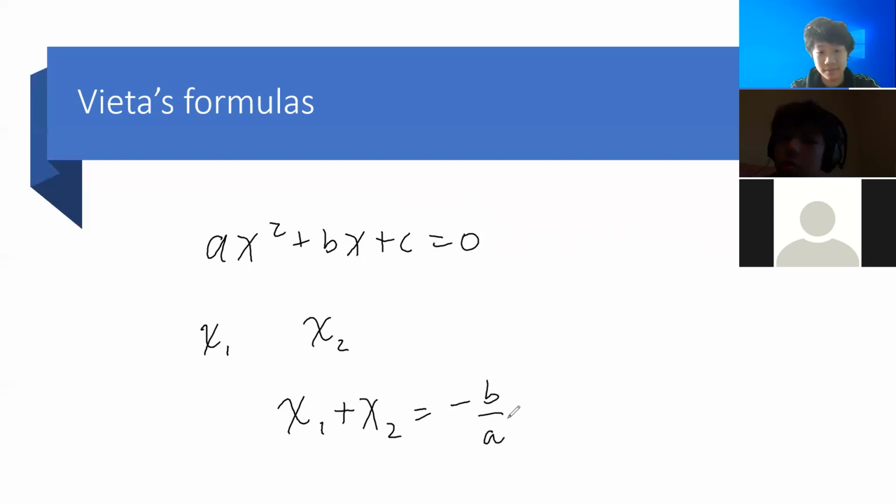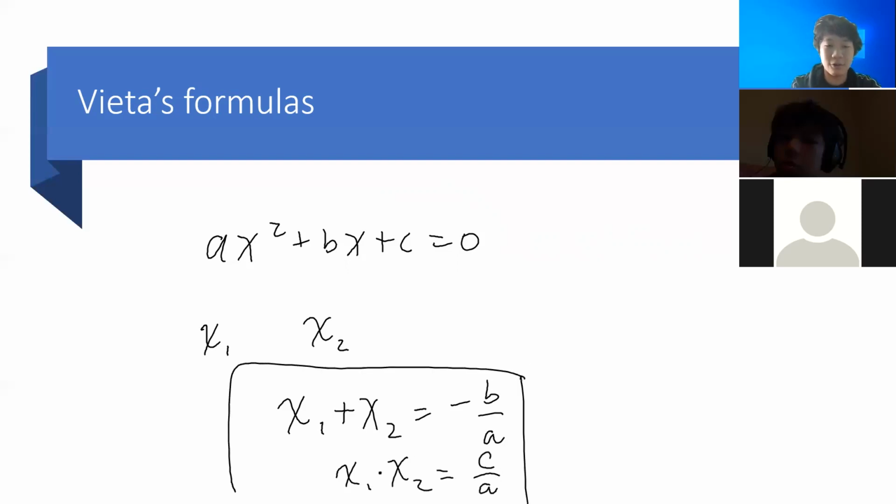It also says that x1 times x2 equals c over a. And these are the Vieta's formulas for quadratics. So the sum of the solutions equals negative b over a. The product of the solutions equals c over a.